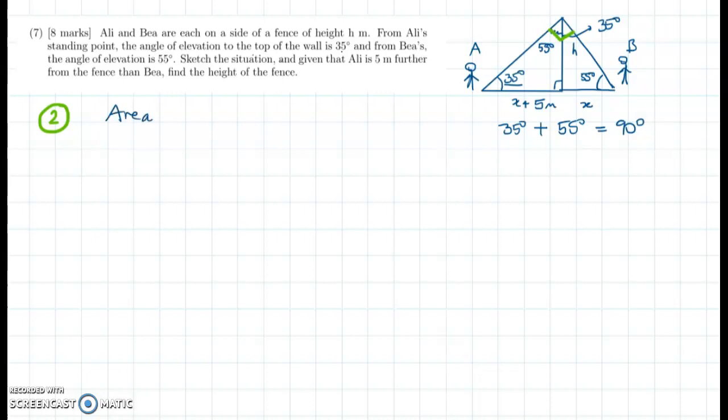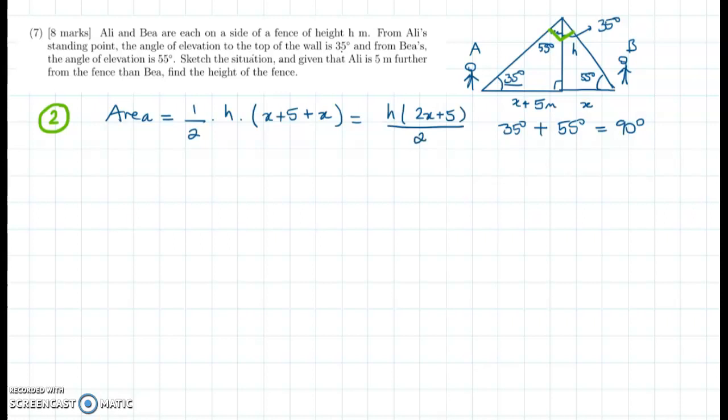So we're going to say that the area of the triangle, we will find it as a half times h, that's the height of the fence, times the base, and the base is x plus 5 plus x. So it's h times 2x plus 5 all divided by 2. This is one way of finding the area of the triangle.